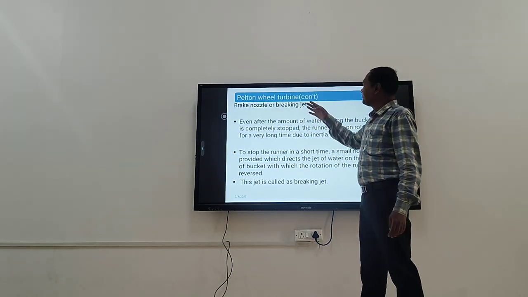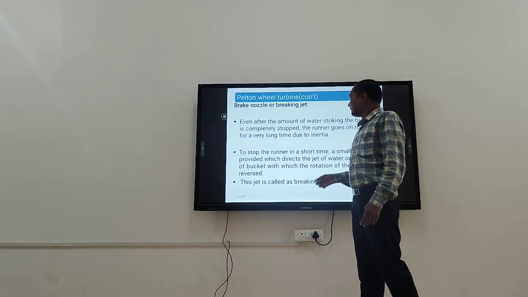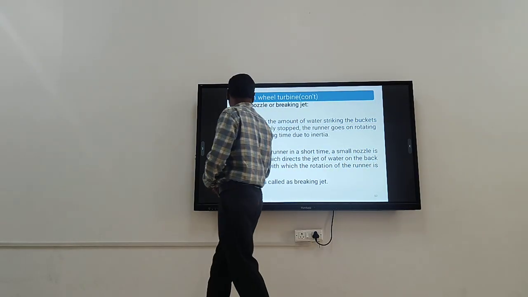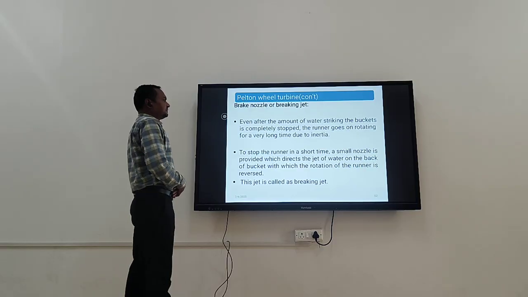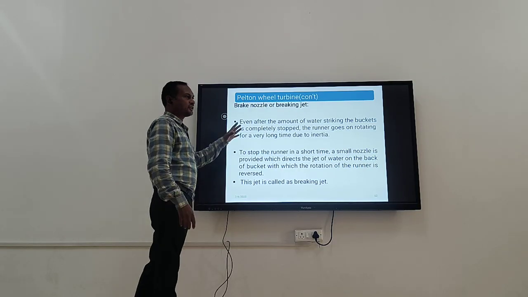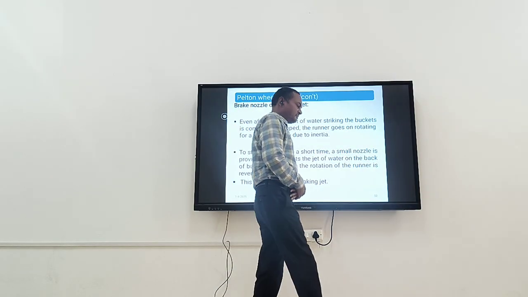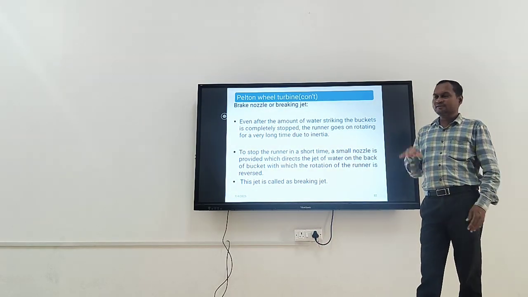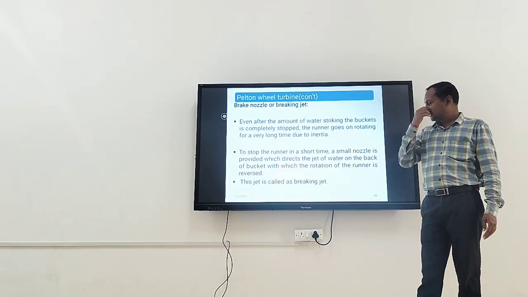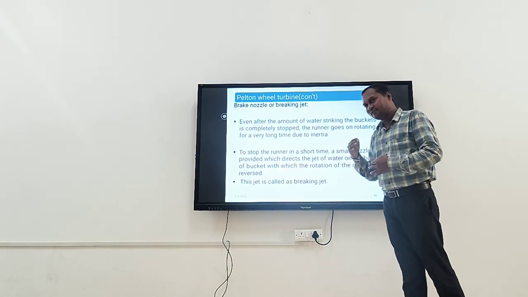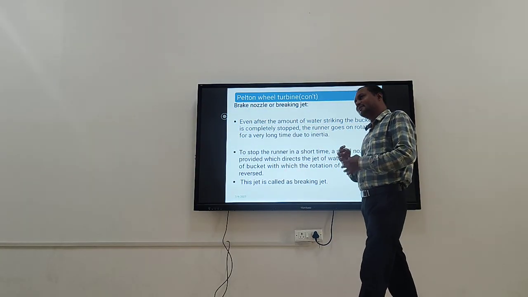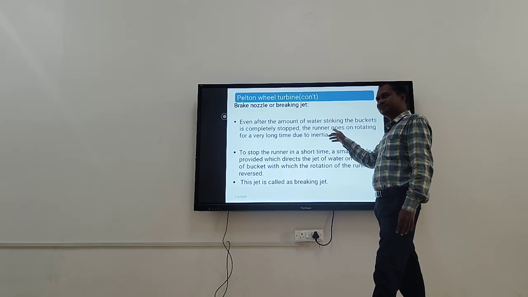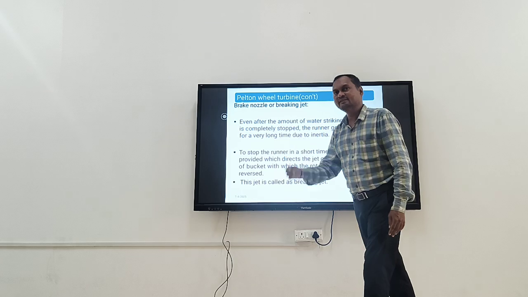Next, come to the brake nozzle or braking jet. If we want to stop the turbine, what will you do? Simply stop the water flowing to the turbine. Even after you stop the water or totally control the water flowing into the turbine, it may not stop due to the inertia of the turbine.